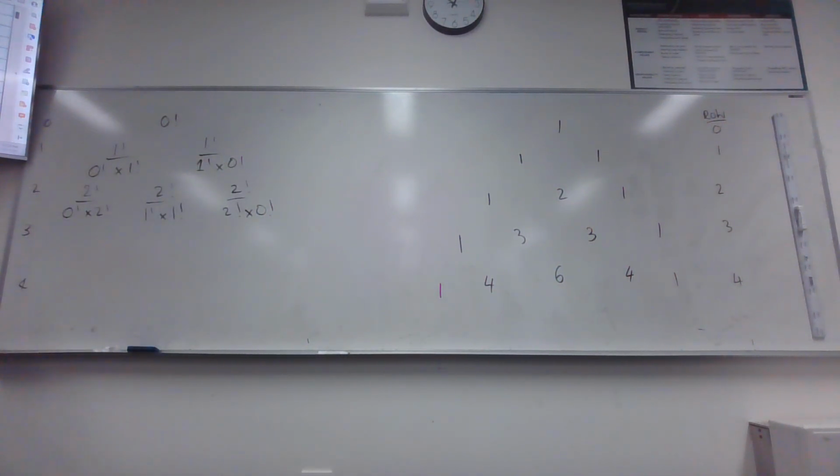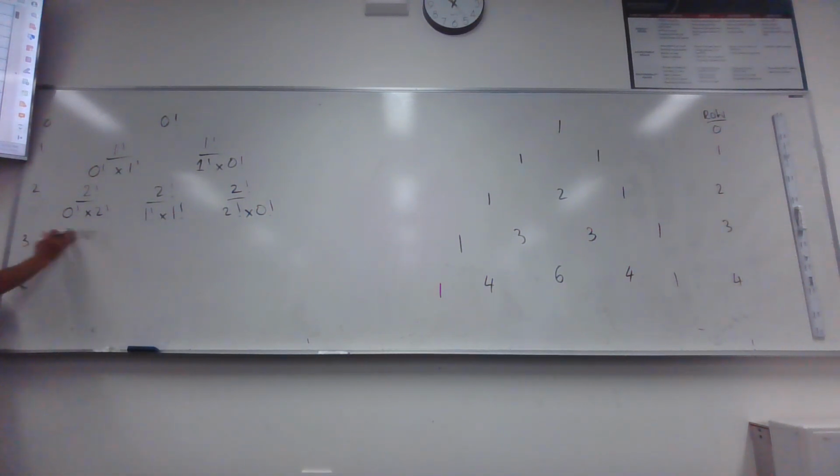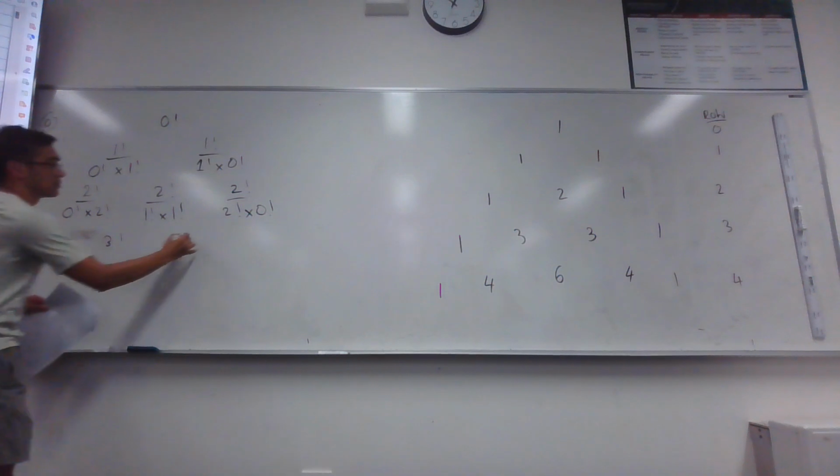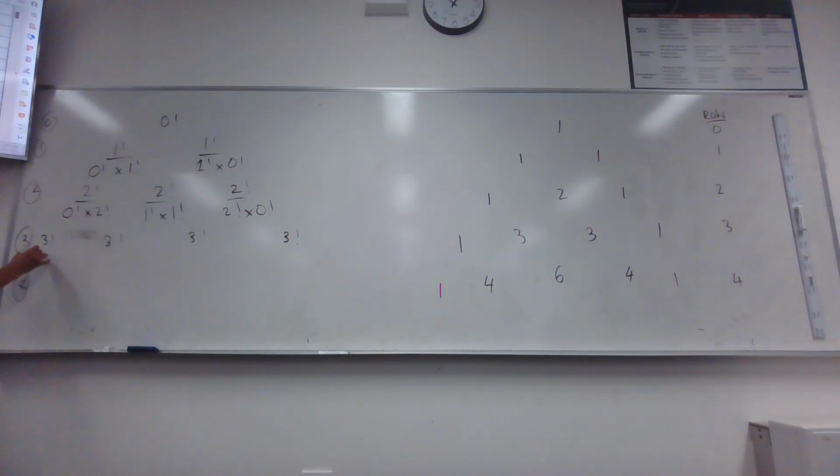I'm going to do the 3. This is important. If I'm in row 3, what's on top? 3 factorial. So we start off here. There's one there, one here, and one here. Underneath, 0 factorial times 3 factorial.